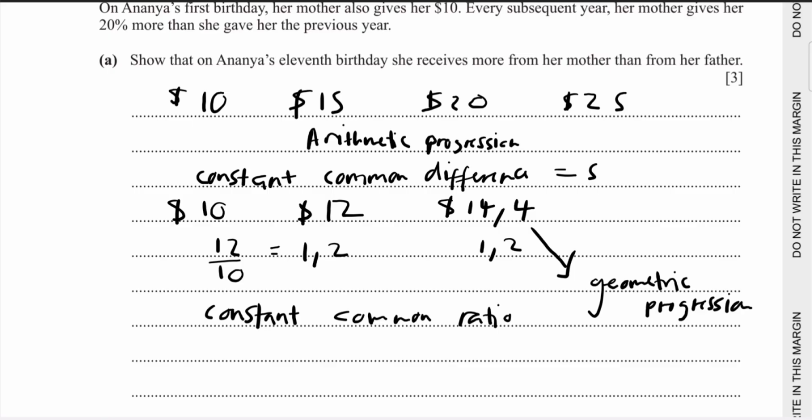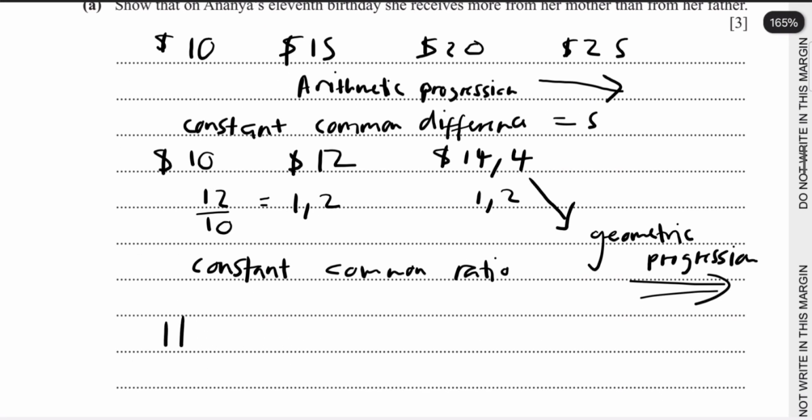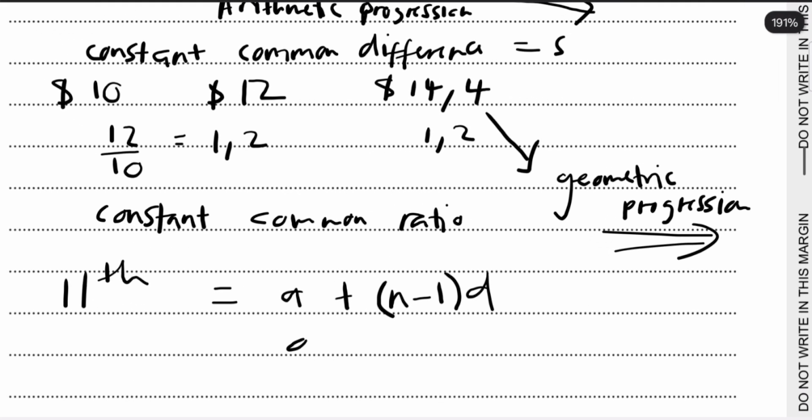And for us to show that on her 11th birthday, she receives more from her mother than from her father, we're just going to look for the 11th term for this, then the 11th term for this one. So for the AP, the arithmetic progression, the 11th term is just a plus n minus 1 d. So our n is 11, so it will be a plus 10d.